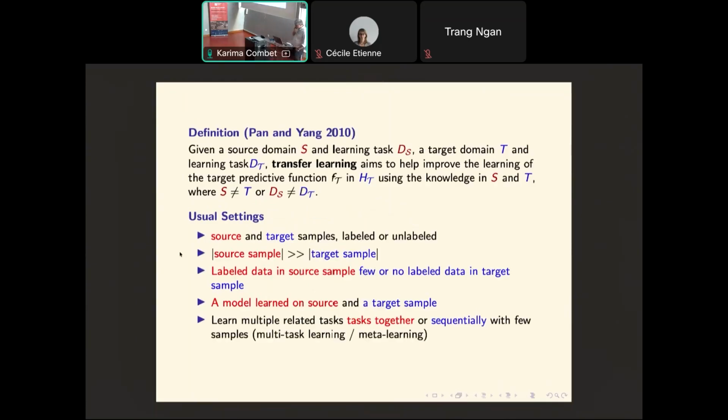So if I try to refine the definition a bit, the idea is that you have a source domain where you have learning tasks, and from this source domain you have lots of labeled data, and you are able to learn a very good model on this domain. Then you want to apply it on a new target domain, T, where we have less labeled data or less data.